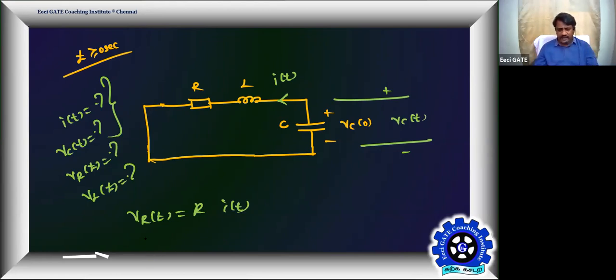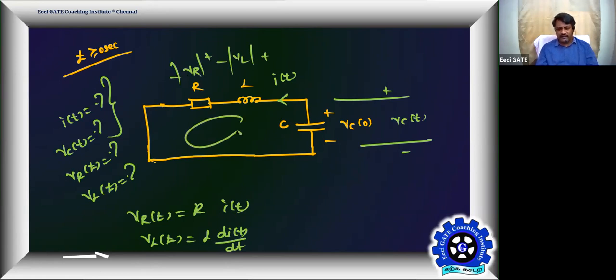Then VL of t is L into di of t by dt, we can say. Or you can also exploit this equation as per the current direction. As per the current direction, this is the voltage VL and this is the voltage VR in the given circuit.